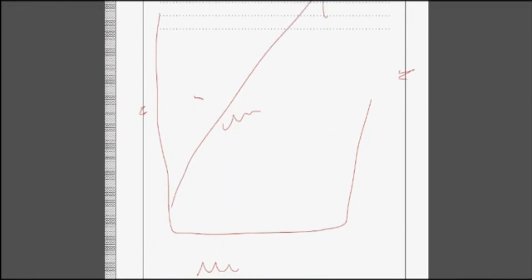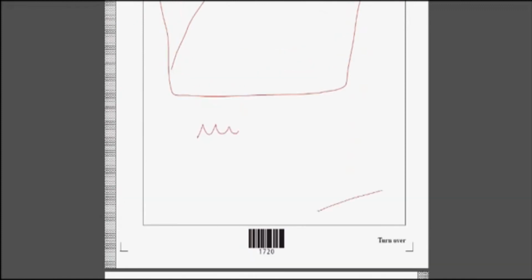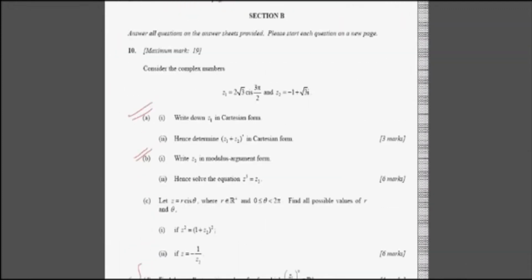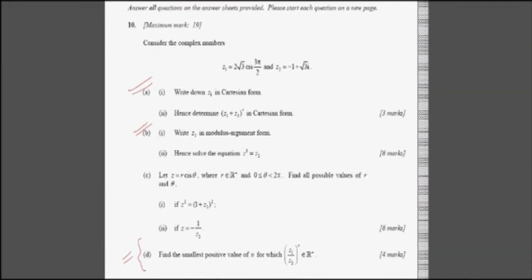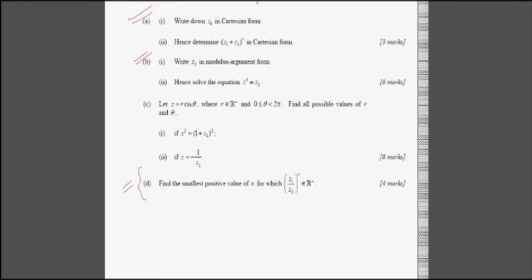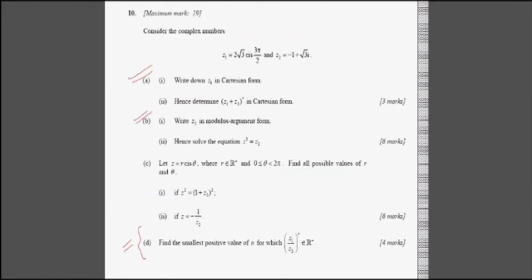Okay. And if you need more space, write here clearly that this question is done in the extra sheet. Write it there. And for section B, all questions should be done only on the extra papers provided. You are not supposed to do anything here, because the examiners are not supposed to see these pages.